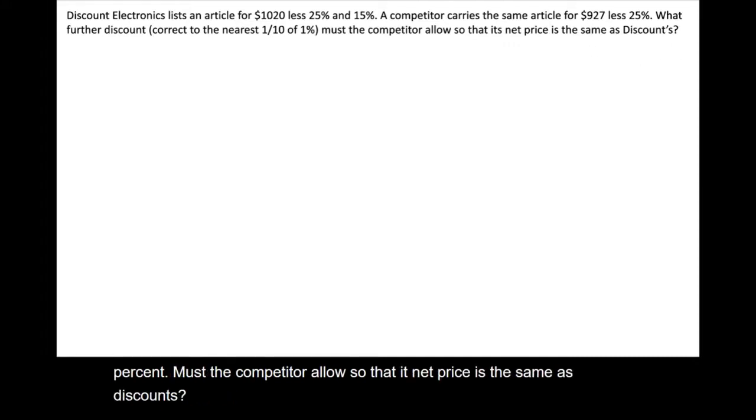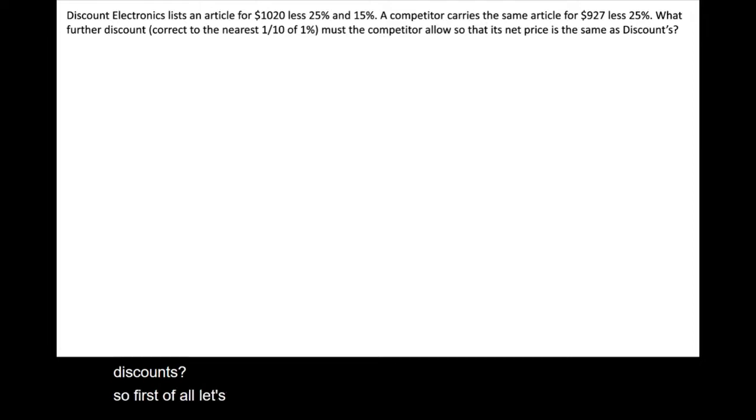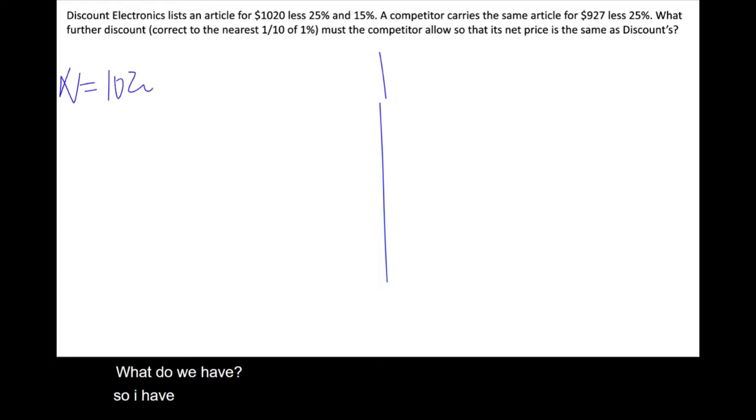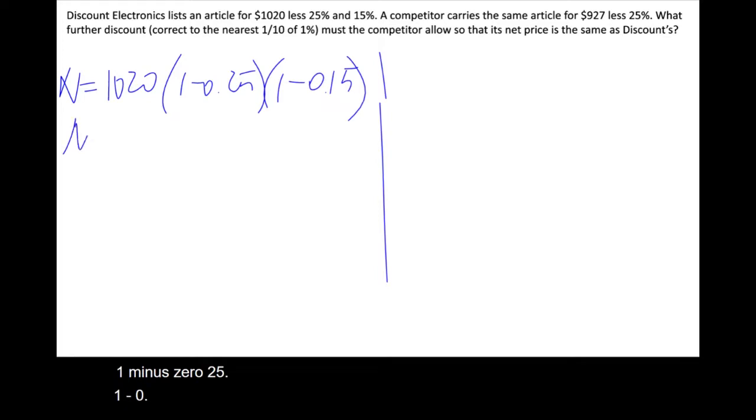So first of all, let's calculate separately for both. What do we have? I have N here: 1020, (1 minus 0.25), (1 minus 0.15). So N is $650.25.